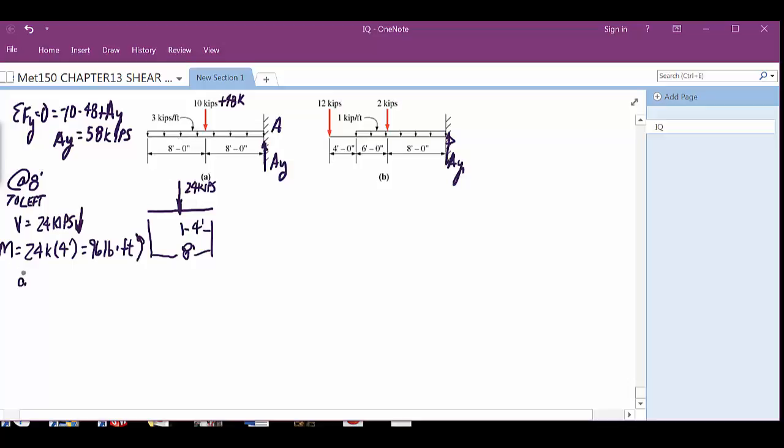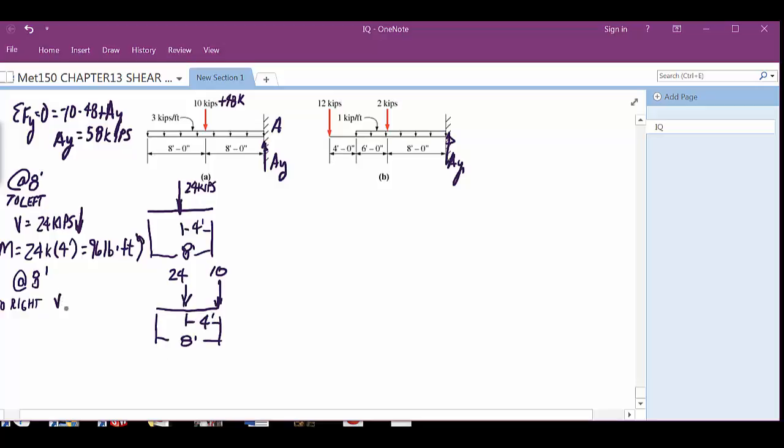If we look at it at 8 feet to the right, well, what do we have then? We've got that 24 kips still. But we also have to account for that 10 kips, don't we? So this is still 8 feet, and that's still 4 feet.